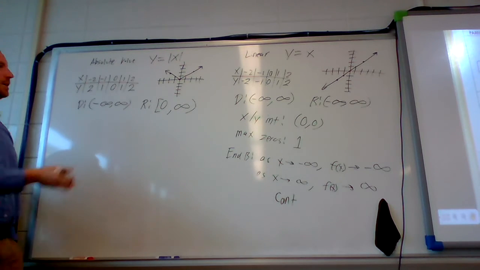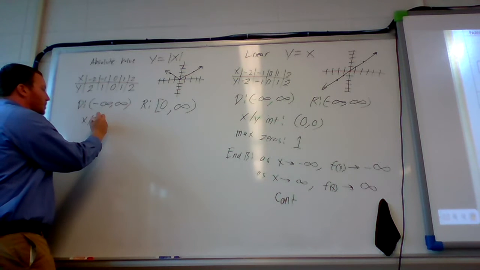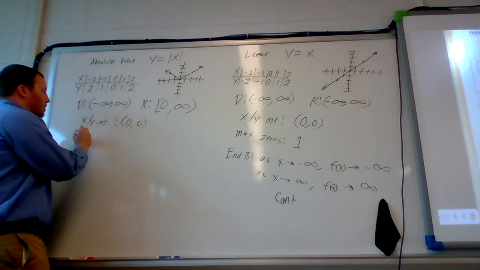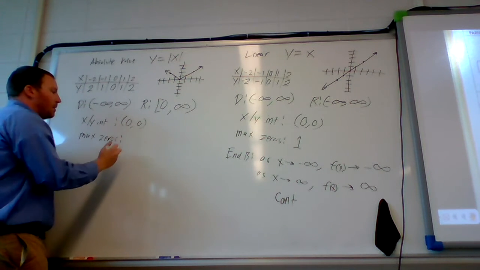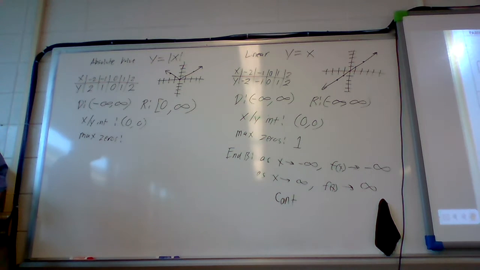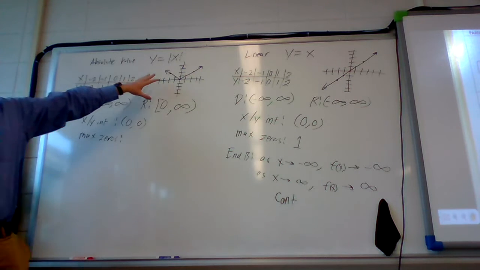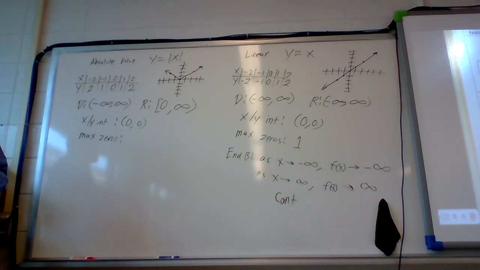Our x and y intercept, again, still 0, 0. But what about our maximum zeros? Looking at this graph, if we were to manipulate this function, if we were to move it around, what would be the maximum amount of zeros that we can get?